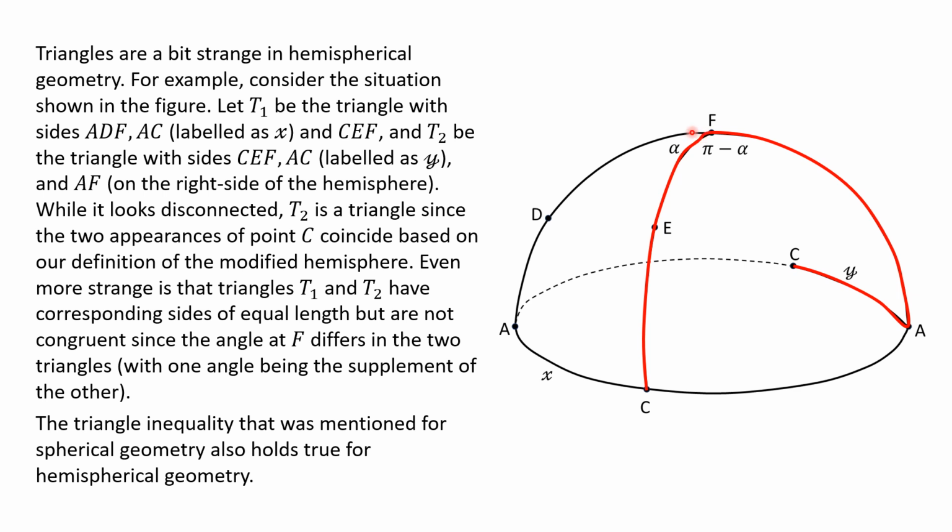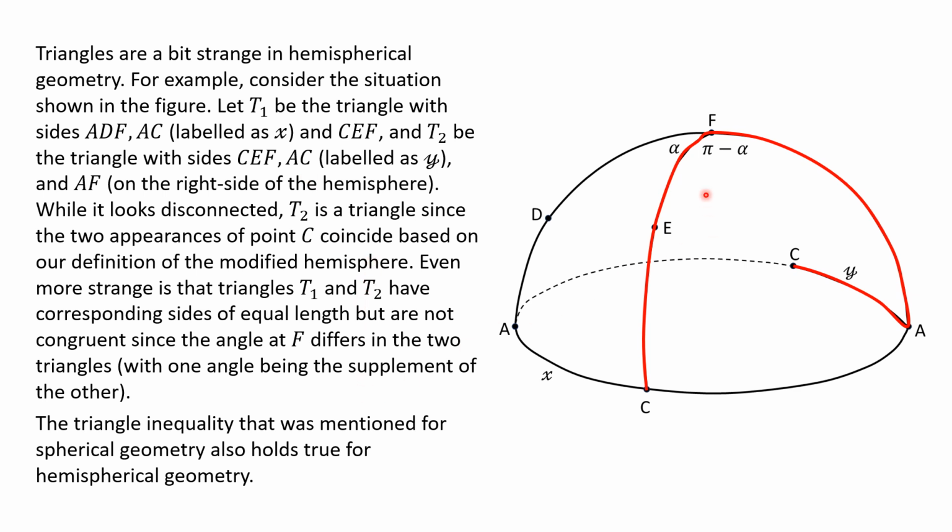In other words, they subdivide this modified curve here from A to A. Then the sides are all the same, and normally that would be in Euclidean and hyperbolic geometry. That would imply that the two triangles are congruent, but that's not the case here.